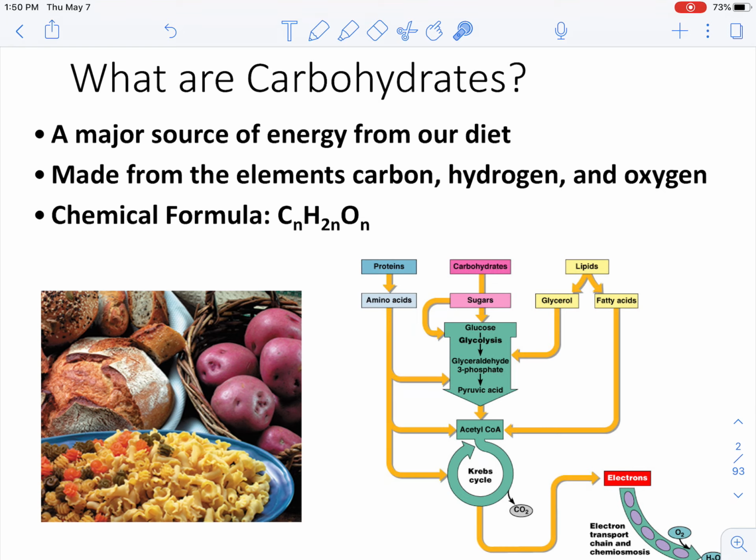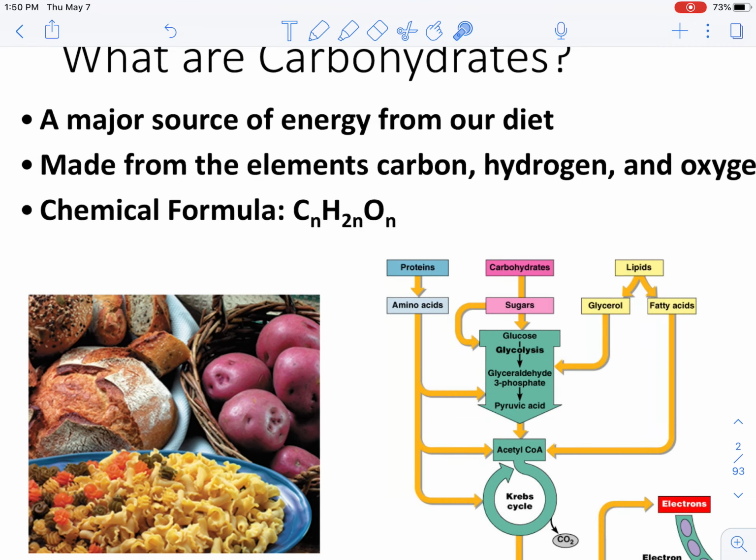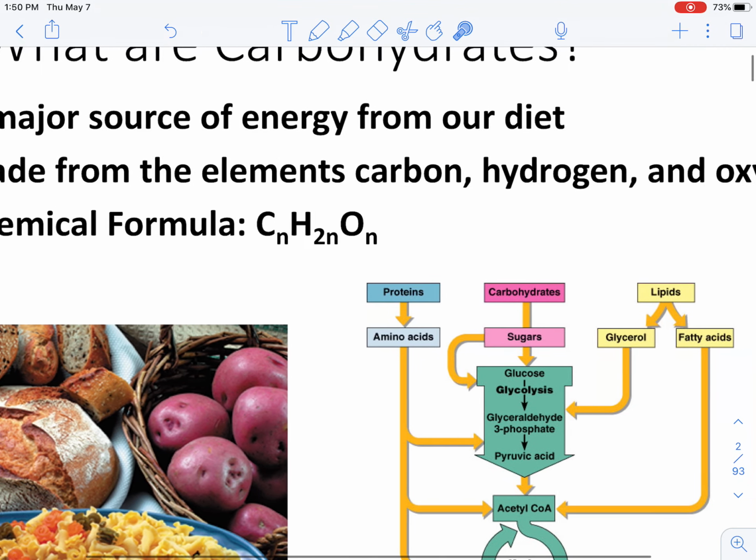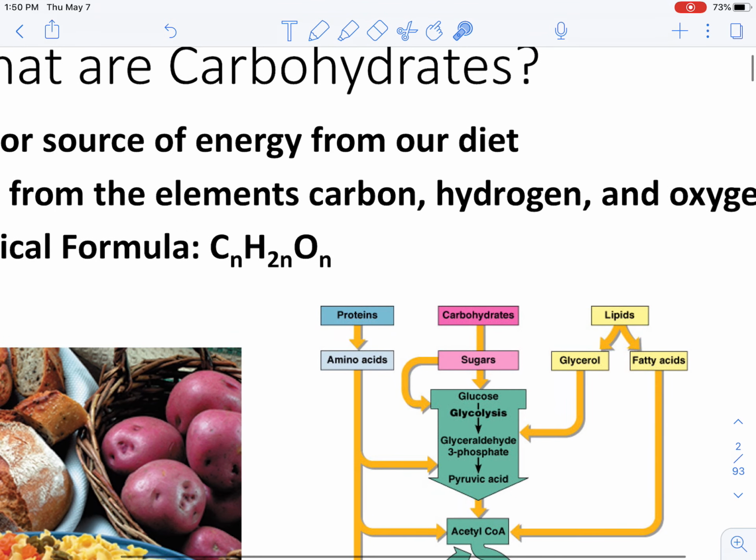Overall, carbohydrates are composed of mainly these three elements: carbon, hydrogen, and oxygen. The typical ratio between carbons, hydrogens, and oxygens for these common carbohydrates is going to be CnH2nOn.